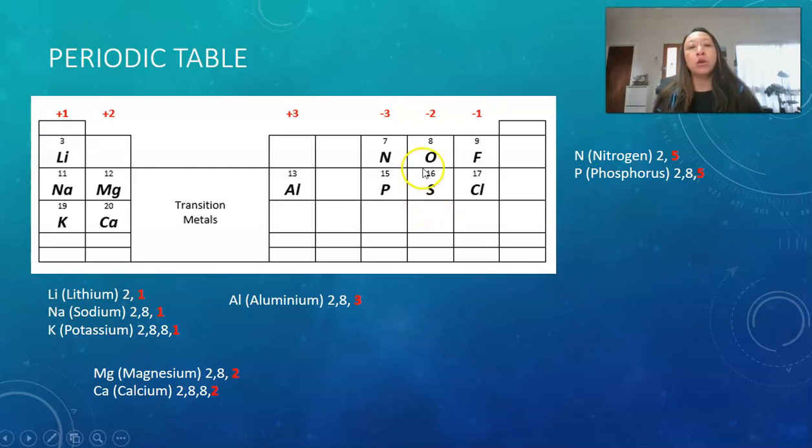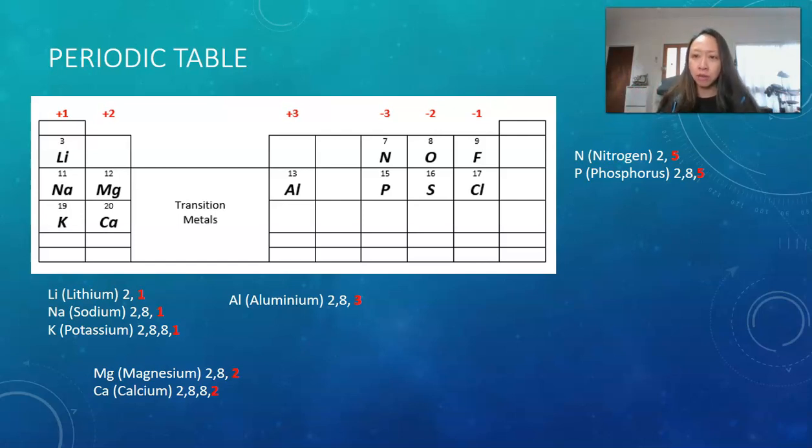If we look at this column over here, this column consists of nitrogen and phosphorus. Because of their atomic number, they have the electron configurations as stated here. Nitrogen and phosphorus have something in common, and that is they have 5 valence electrons at their outermost shell.